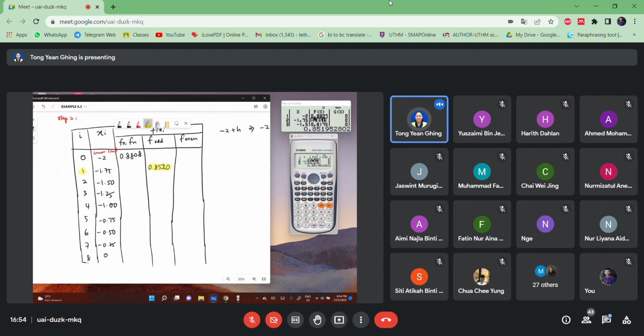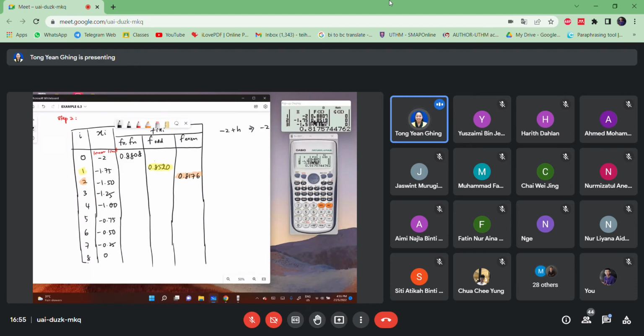The next one is 2, so I have to put it in this one, even. Okay or not? So the next one, I will put here, 0.8176. I put it here. Okay.